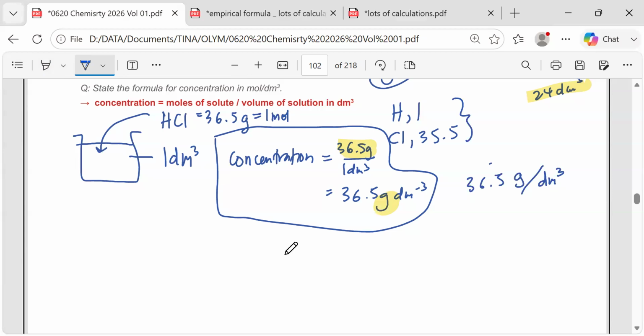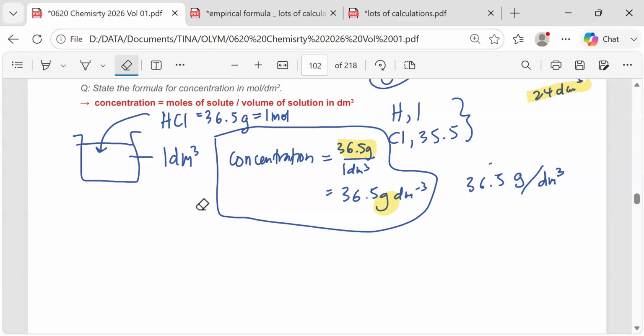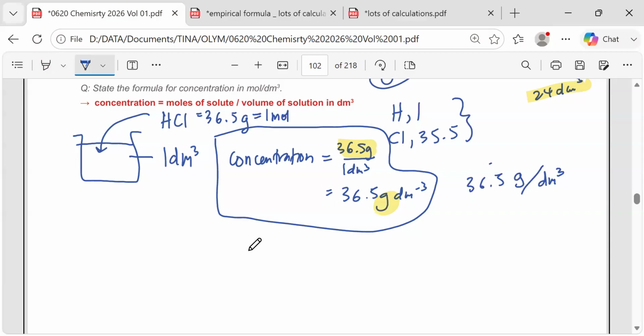It's also 1 mole. It's like telling you you got 90% in your exam, and telling you you got 9 out of 10. Same or not? Same, right? 9 out of 10 and 90%.